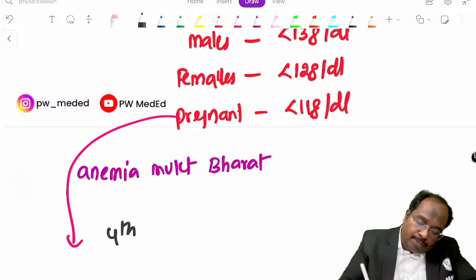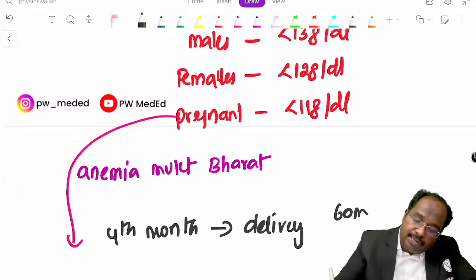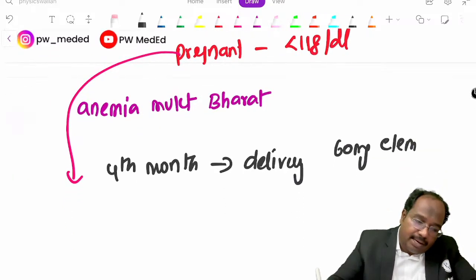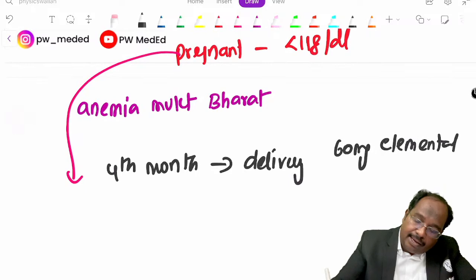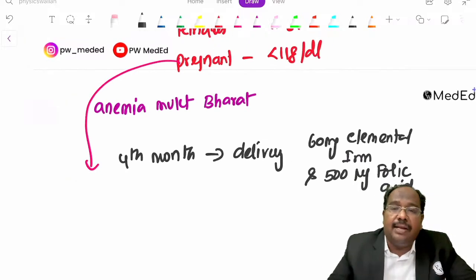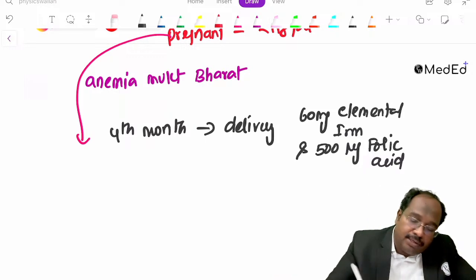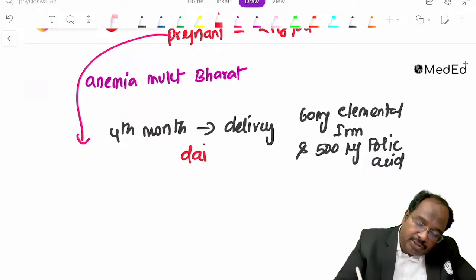From the 4th month to delivery, they should take 60 milligram of elemental iron and 500 microgram of folic acid. This is prophylactic, guys. Even if she is not anemic, she has to take it daily from the 4th month till delivery.